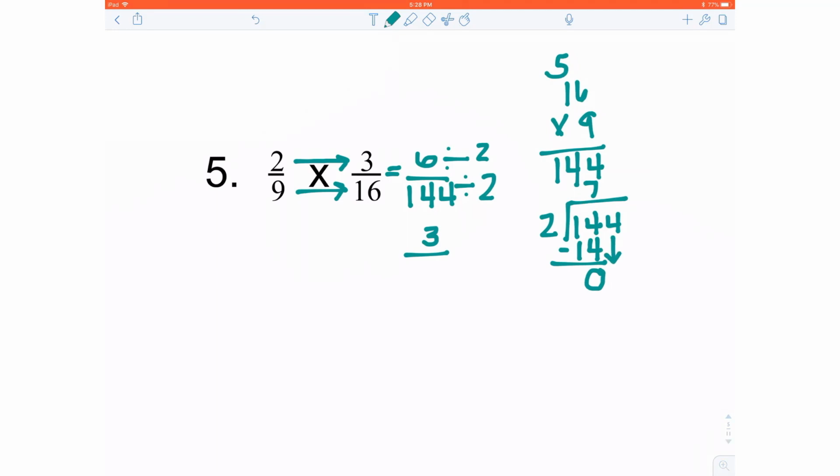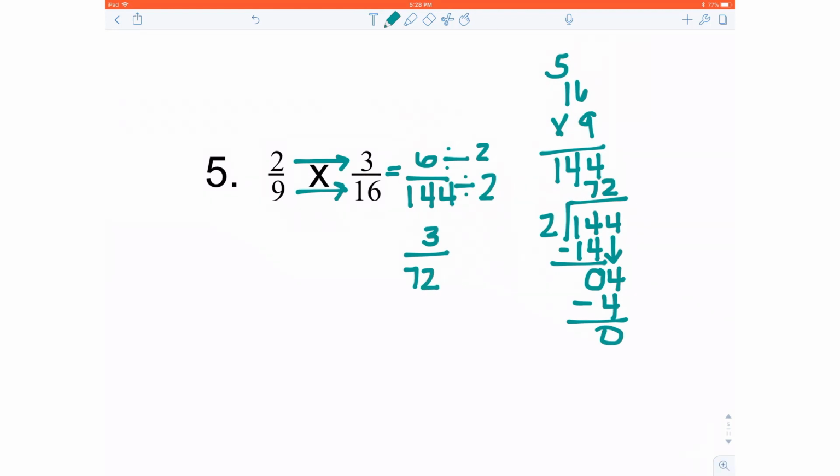We're going to bring down that 4. 2 goes into 4 2 times. 4 minus 4 is 0. So 3 over 72.